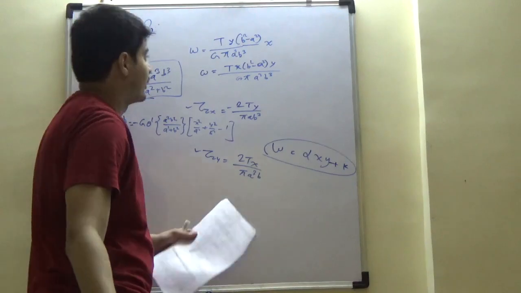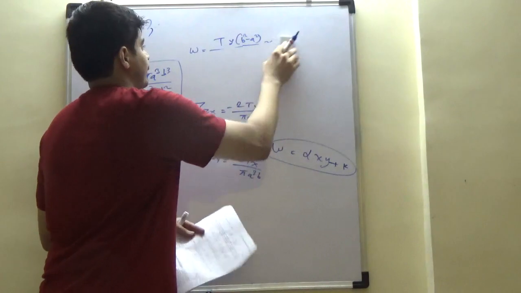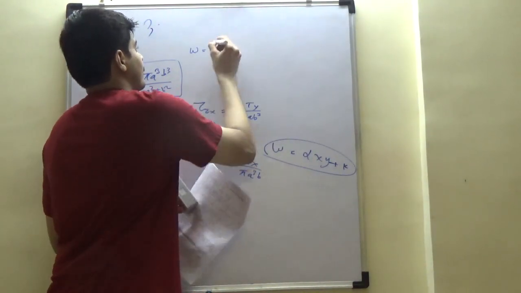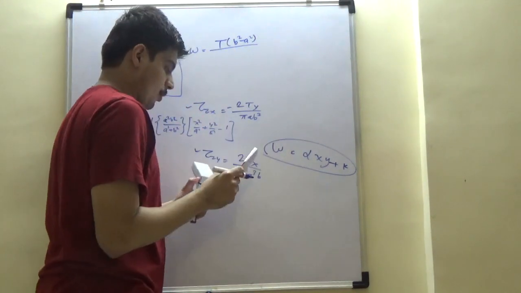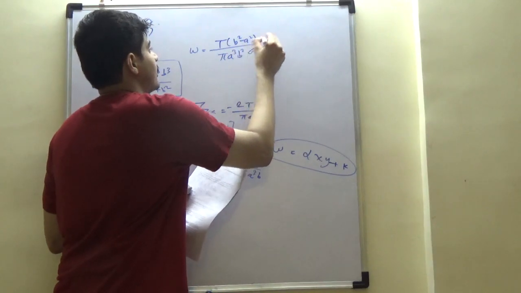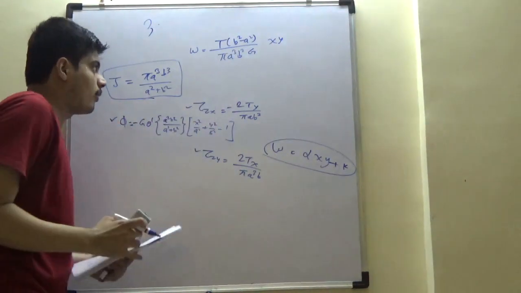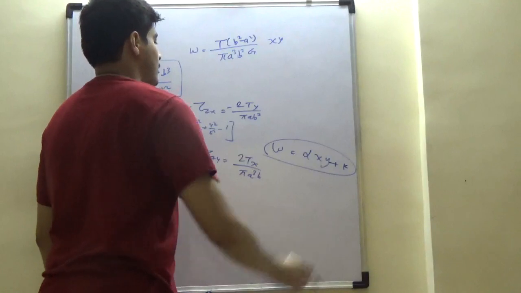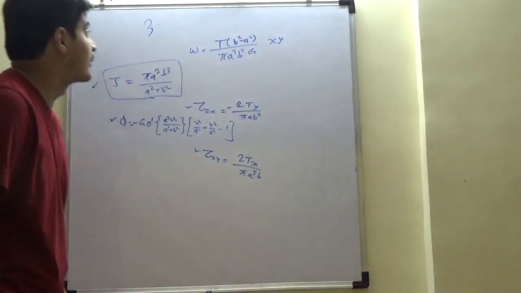So W is nothing but T into b square minus a square upon pi a cube b cube G xy. That's it. So that when x is equal to y equal to 0, W becomes 0. So the warping function is also solved.